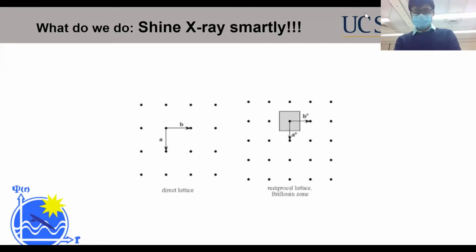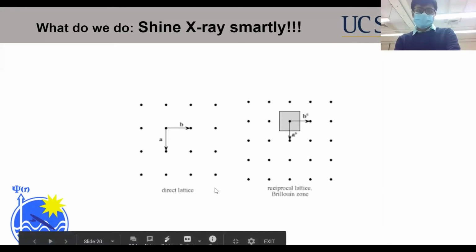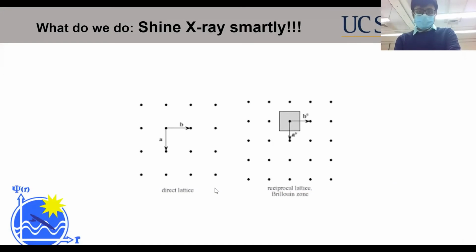That rule is how far we want each particle to land. For example, on the left you see the direct lattice, which is a square lattice. So what is the rule of the land? At b distance away on the right, you will always find a particle if you go horizontal. At a distance away, you'll always find a particle if you go vertical.